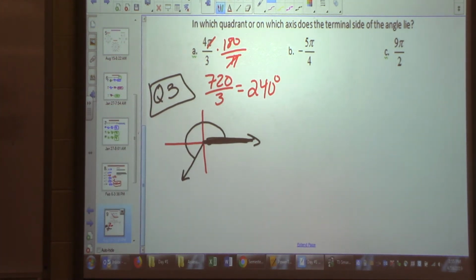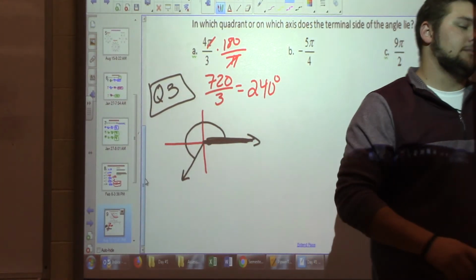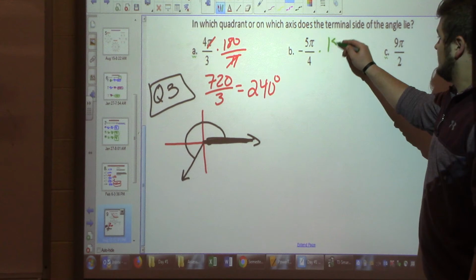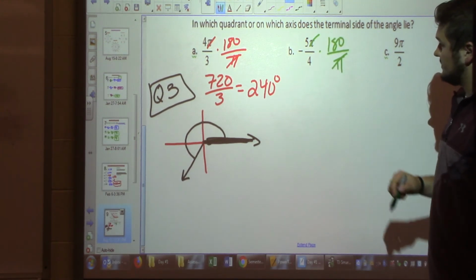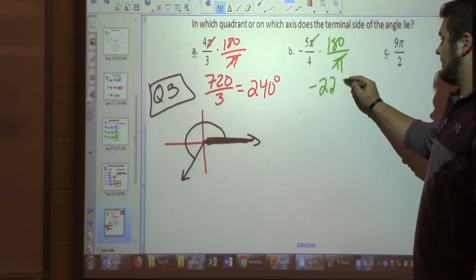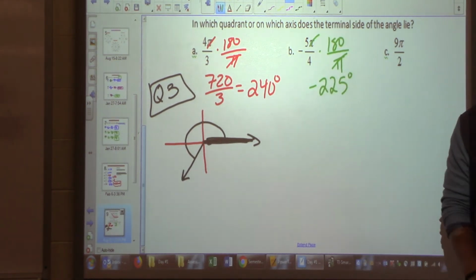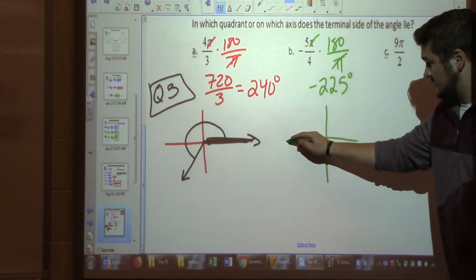Isn't too bad, right? Same thing for the second one. Negative 5 pi over 4. Multiply by 180 over pi. I think it comes out to negative 225 degrees. Okay? Well, draw a picture.